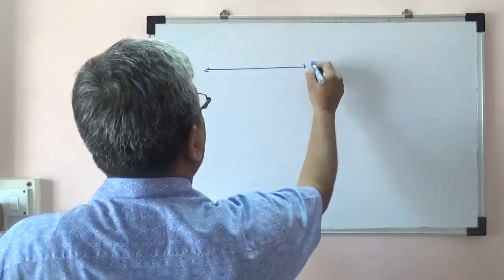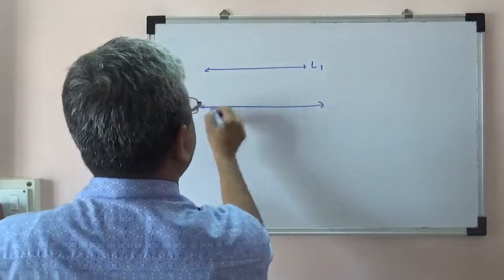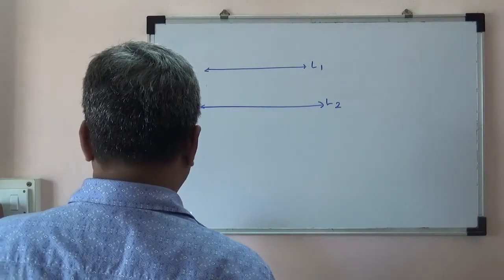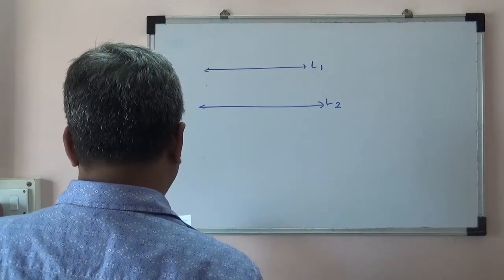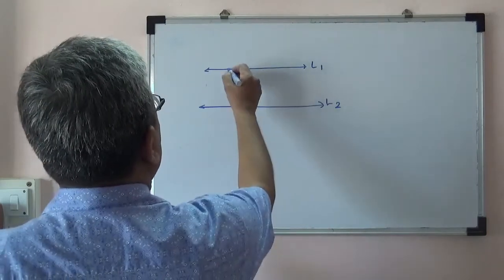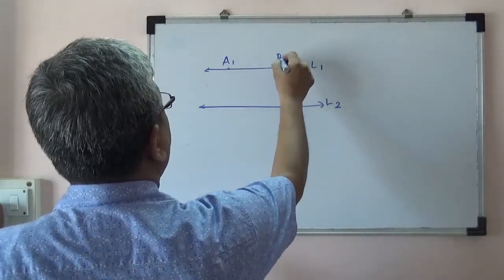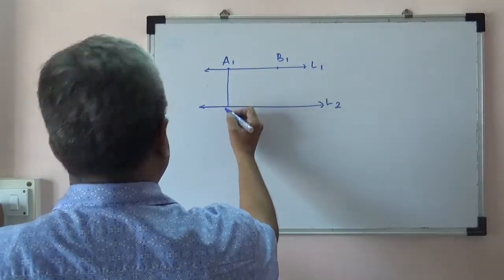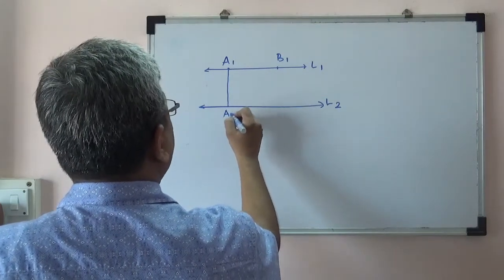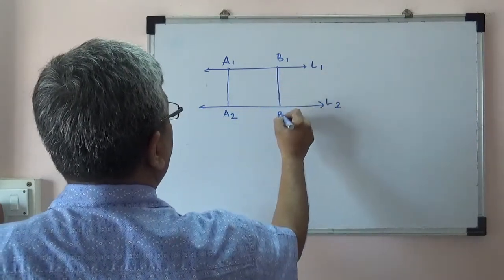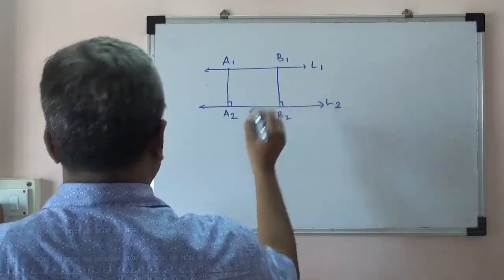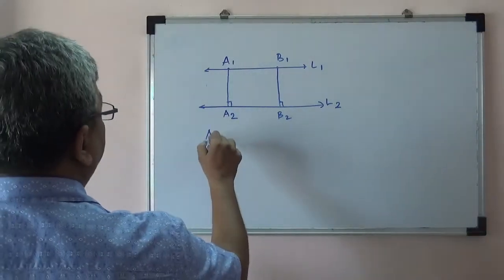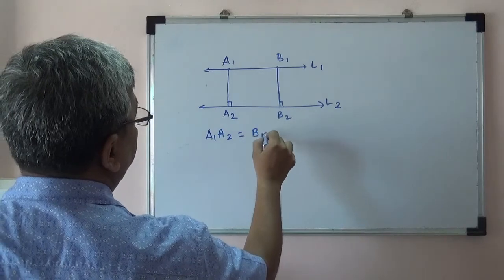If A1 and B1 are two distinct points on line L1, and we draw perpendiculars from A1 and B1 onto line L2, let us call the feet A2 and B2, then A1 A2 is equal to B1 B2.